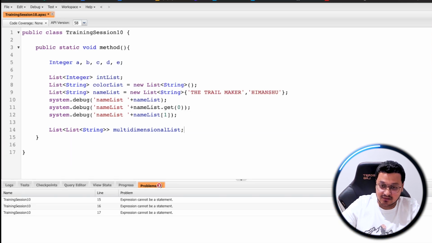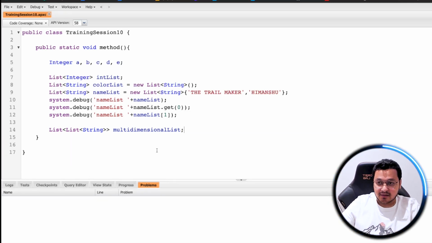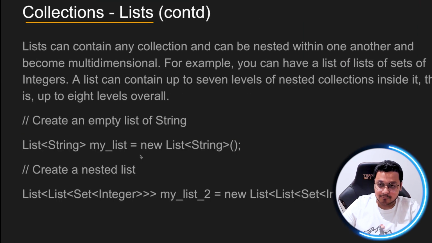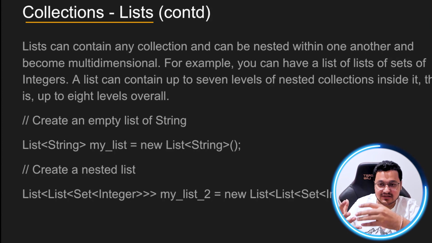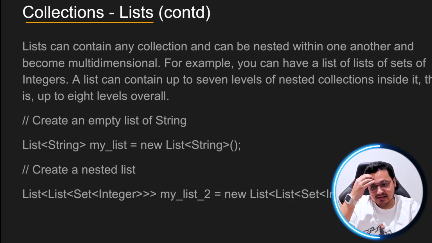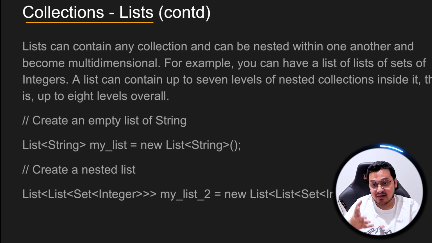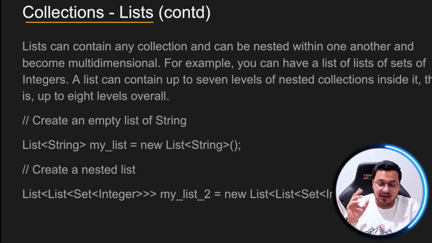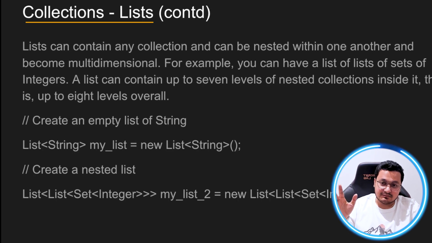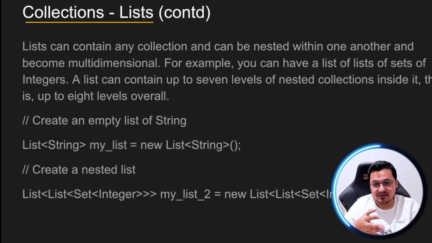I'm just taking this off for now, saving that, and I hope you understand how we create list of lists. We are going to understand set, and then you can create a multi-dimension of list, set, and map together as well. To be honest, I have used only a combination of list or a map together, or a map of list together.